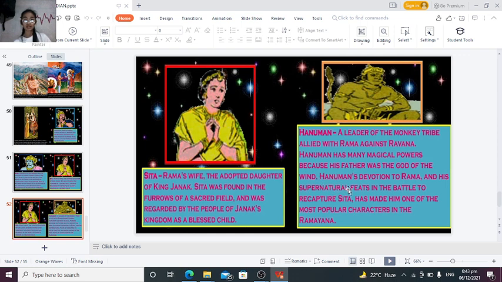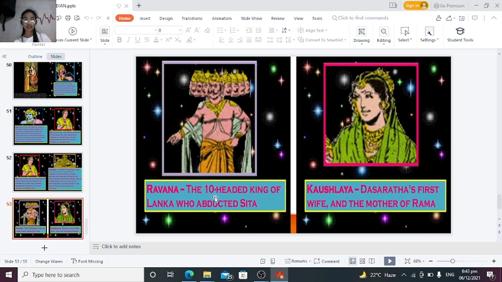So, actually in the story, mababasa natin sa bandang huli yung summary niya. So, Ravana, the ten-headed king of Lanka who abducted Sita, kung saan kinidnap or kinuha niya si Sita against Rama.